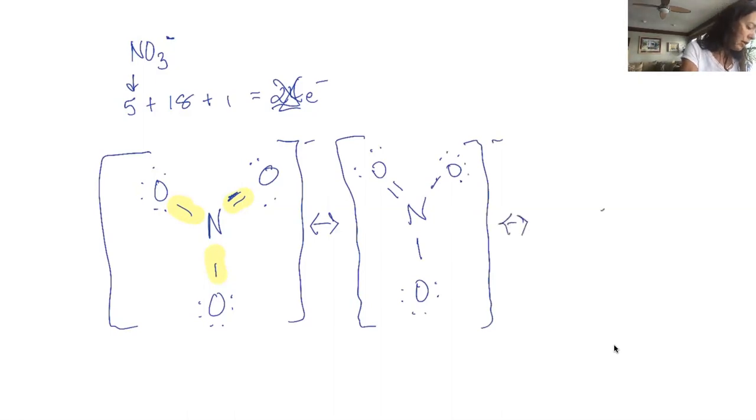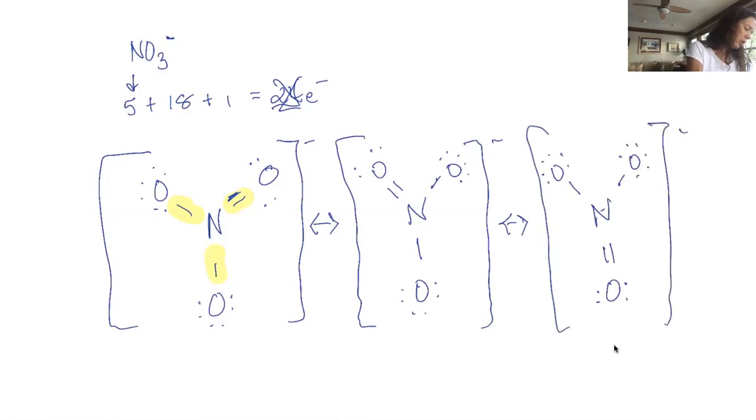In reality, we see that this double bond resonates throughout each of the 3. Let me finish this one up and put the charge out there. What we see is that this double bond resonates between each of the 3 nitrogen-oxygen bonds. It is not static, okay?